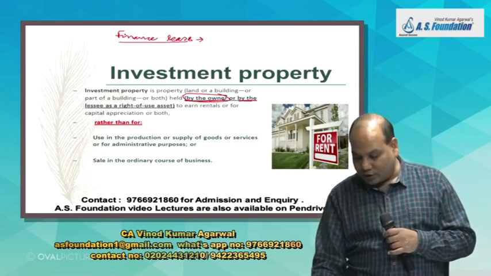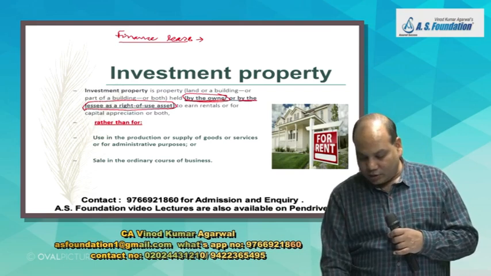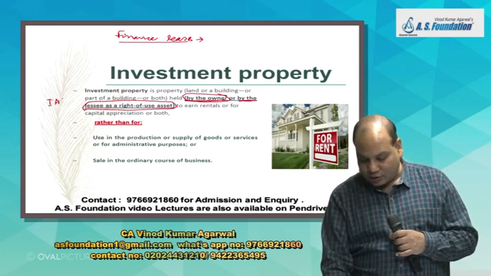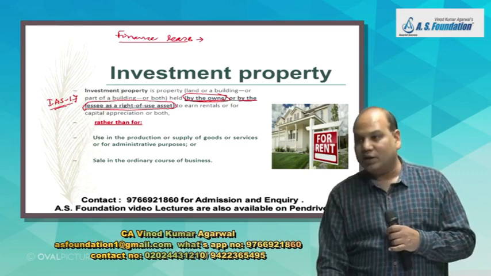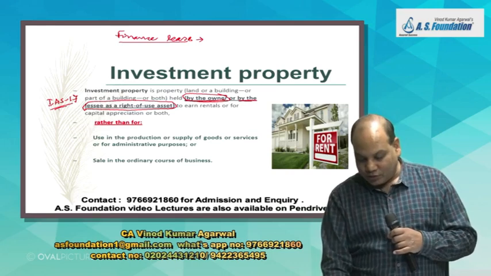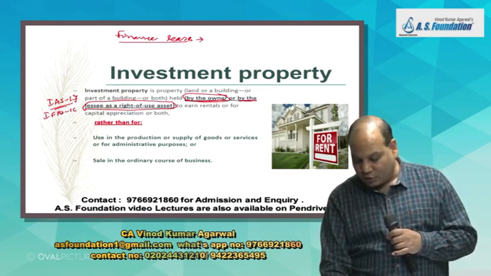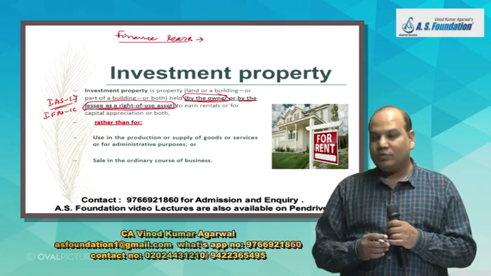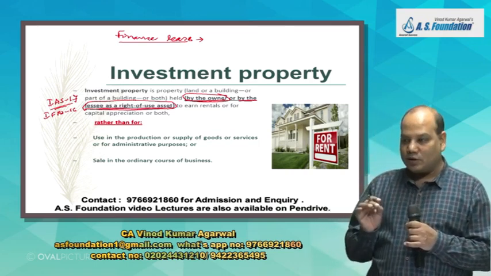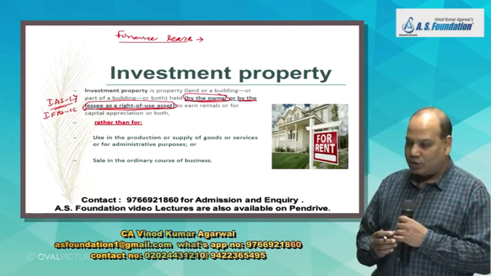And in case of finance lease, it is the lessee. Earlier, when IAS 17 was there, they had used the words or by the lessee under finance lease. And since IFRS 16 has come, there is a small amendment in this standard. Instead of using the term finance lease, now they are using the term lessee as a right of use asset.